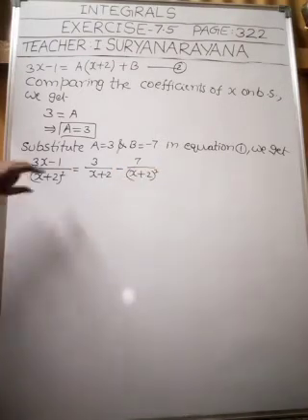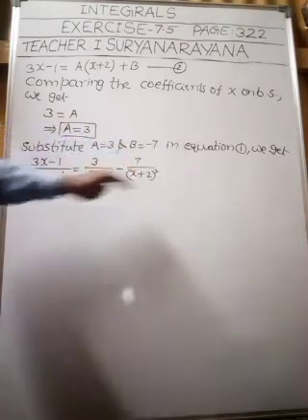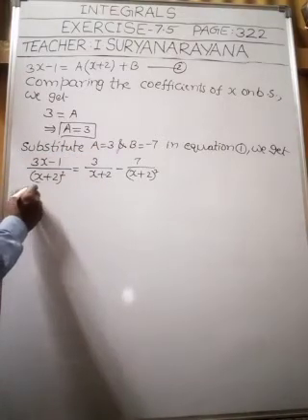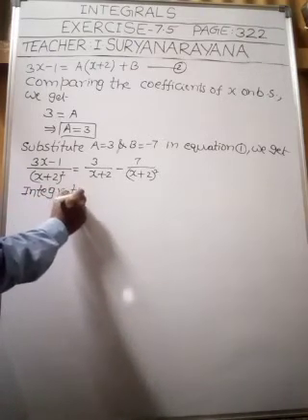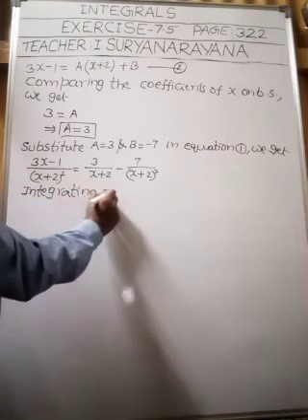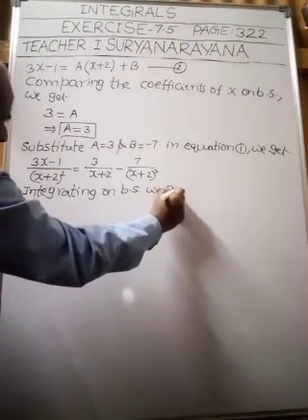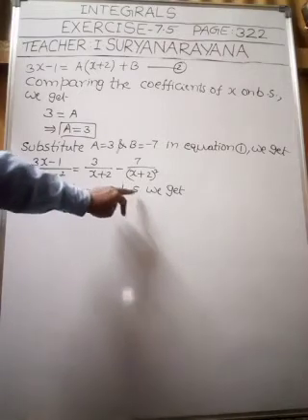We substituted the a and b values, and we get this equation. Okay, my children. Now we take integration on both sides. Integrating on both sides; B.S. stands for both sides.